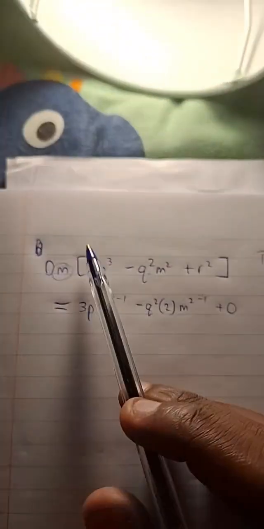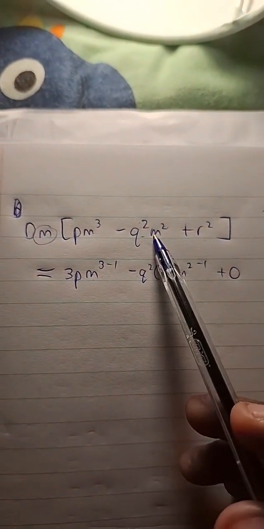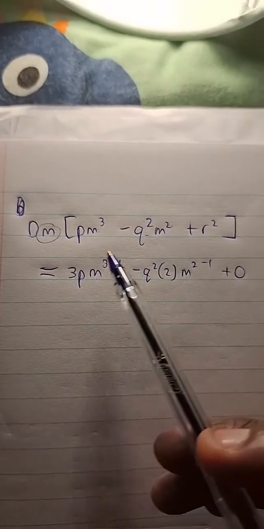R squared, a constant, derivative of a constant is 0. Do you see that, guys? So what I'm saying here is that we treat other variables, if there are any, as if they are constants. Remember, what did I say? The reason why 2 is in brackets, it's like I could have put even this 3 in brackets if I wanted to.